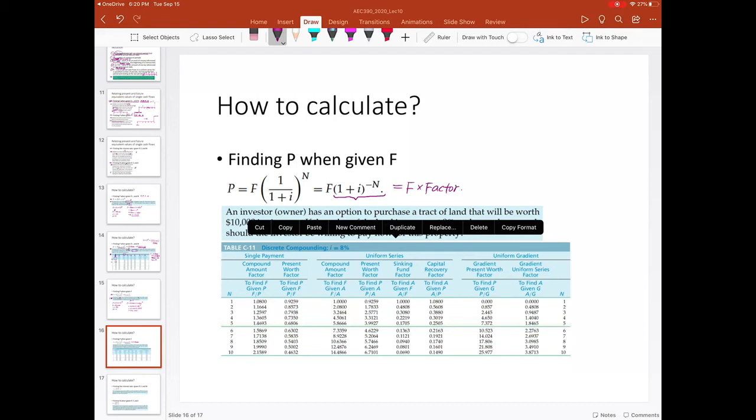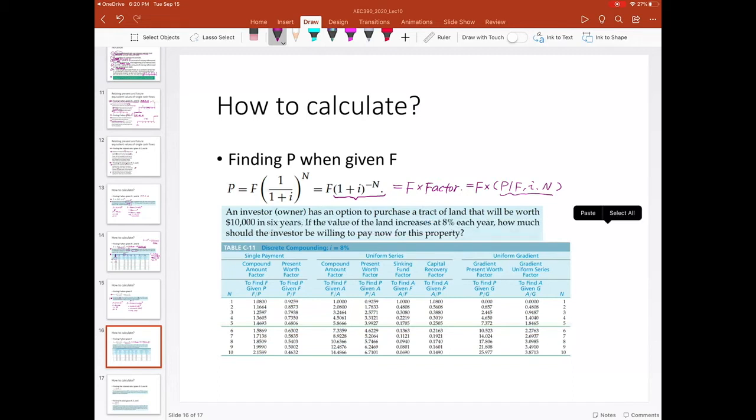But here, this factor is going to be written in another term. Okay, so what term? You can imagine that. It's going to be to find P given F, I, and N. That's just the term we have learned before to simplify that scenario, right? So it's not a big deal for you.